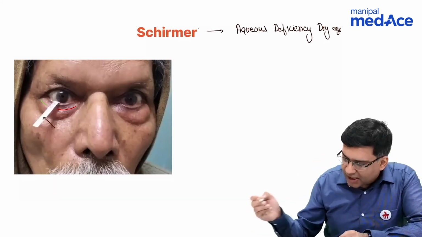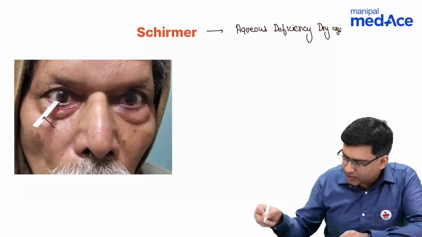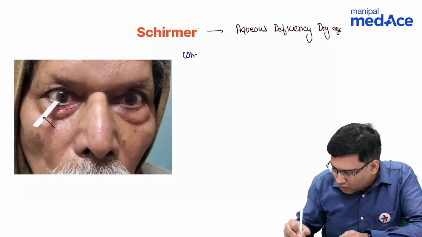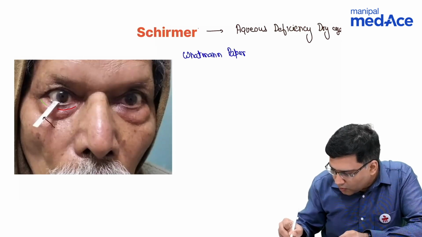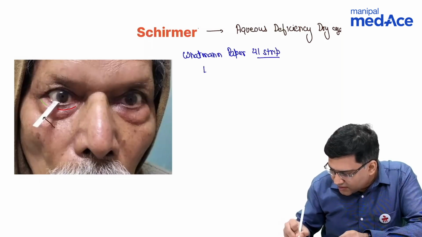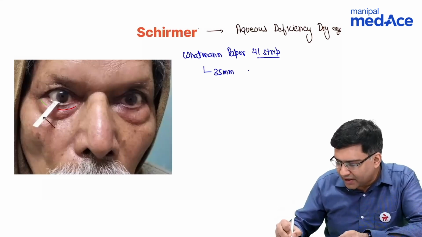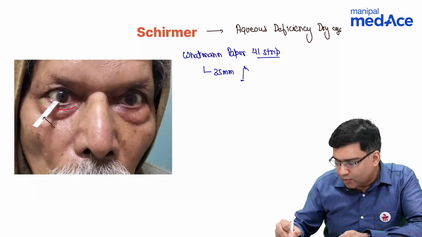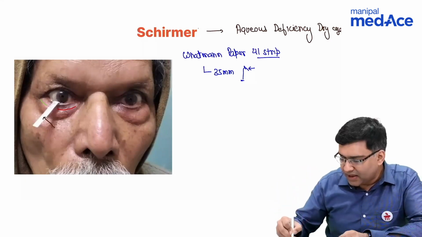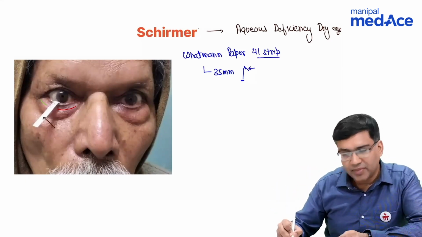They sometimes ask what is the name of this strip. This was a previous year question, so remember the name. This is the Whatman paper 41 strip. This is a 35mm strip. What we do is we bend it at 5mm, put the bent portion inside the palpebral conjunctiva, and the 30mm remains open.